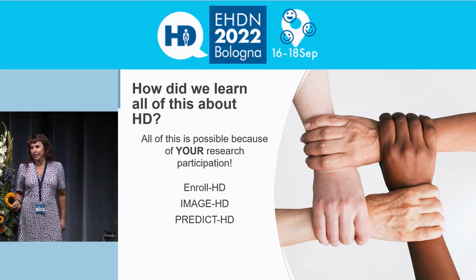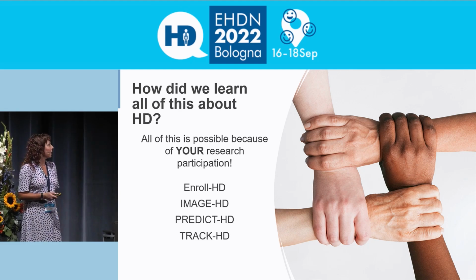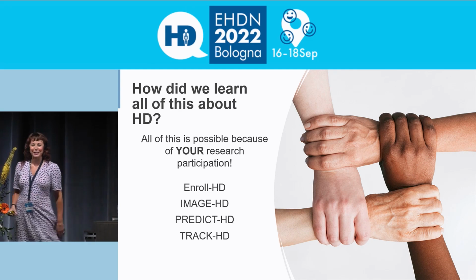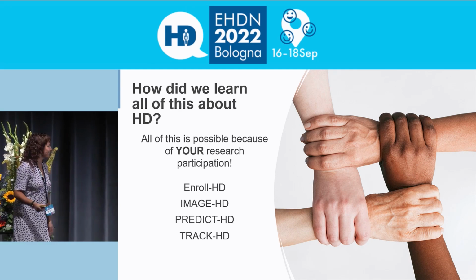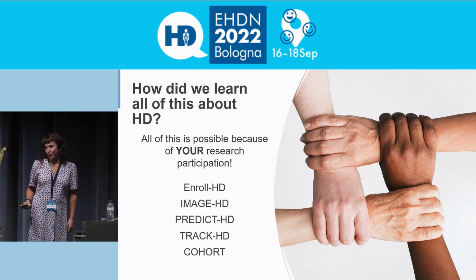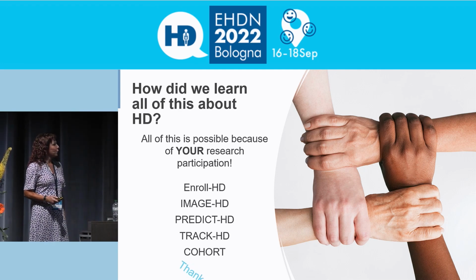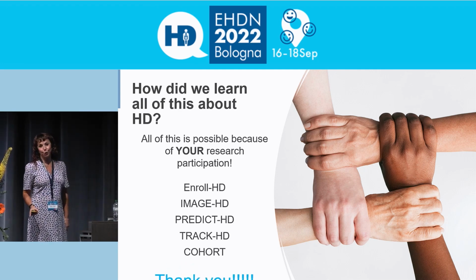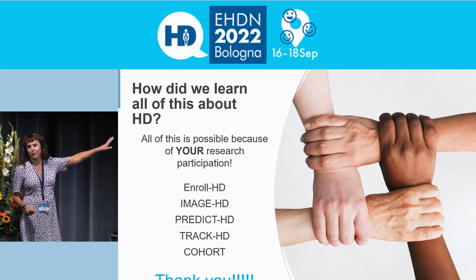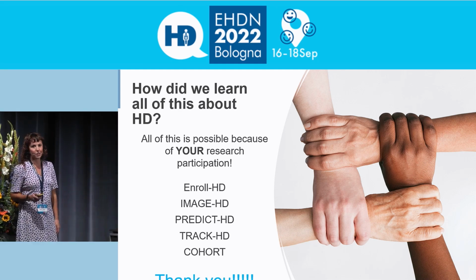We had Predict HD from Jane and colleagues. We had Track HD from myself and the team in Vancouver, Paris, and Leiden. And we had Cohort from HSG. So we have to say thank you to all the research participants who gave their time, because without this, we wouldn't have had the HD staging system.